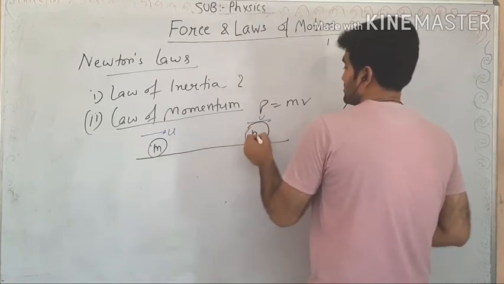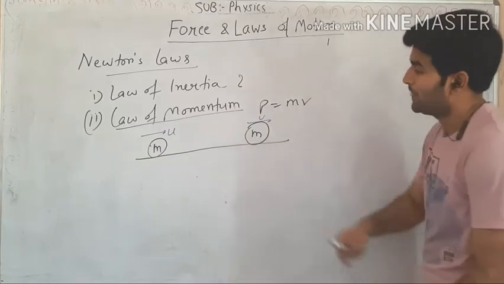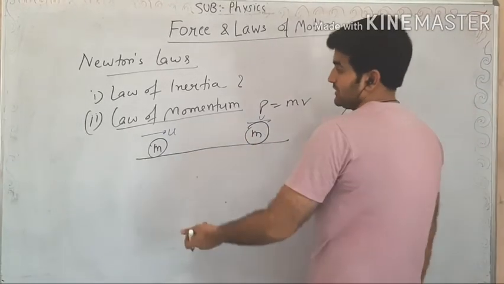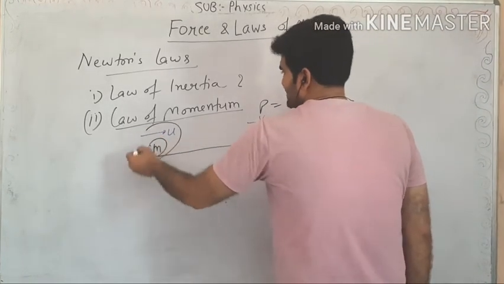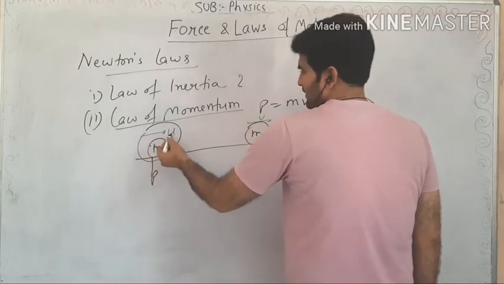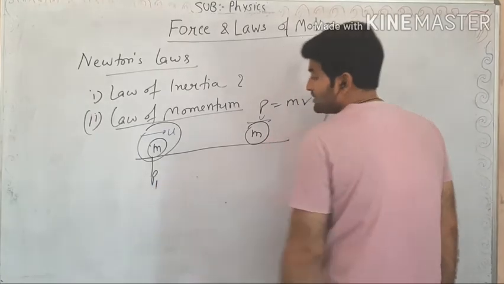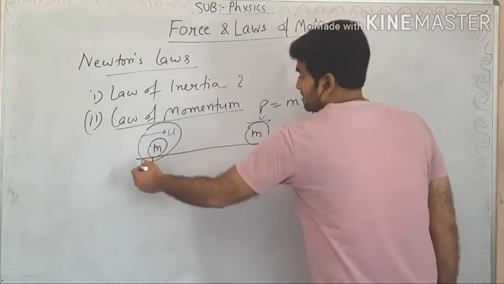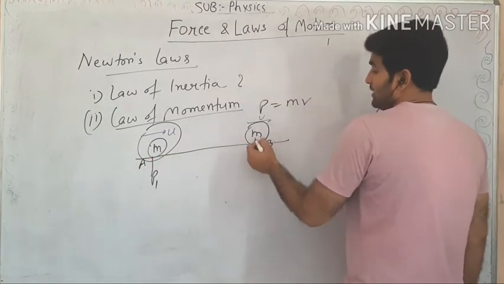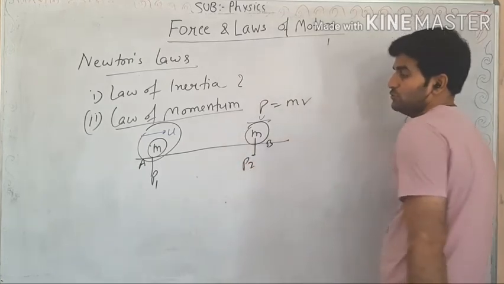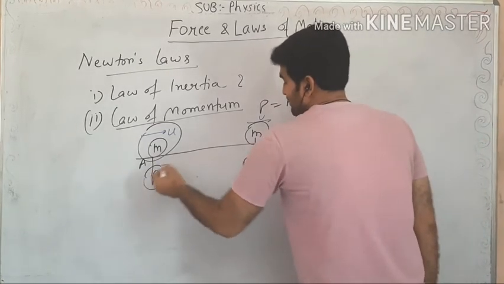Mass is constant, but there is a change in velocity from u to v. So obviously there is a change in momentum. Let this be point A with momentum P1, and point B with momentum P2. So we measure this change from P1 to P2.